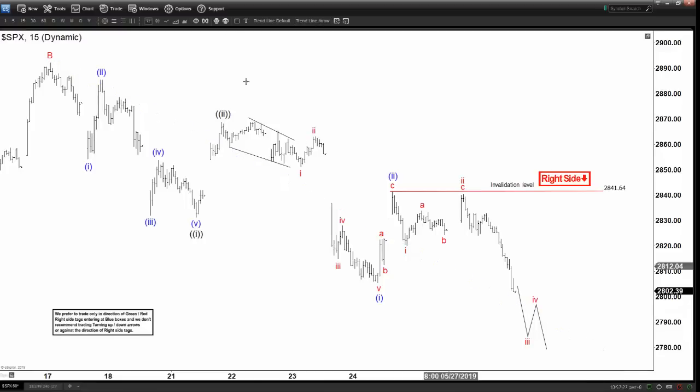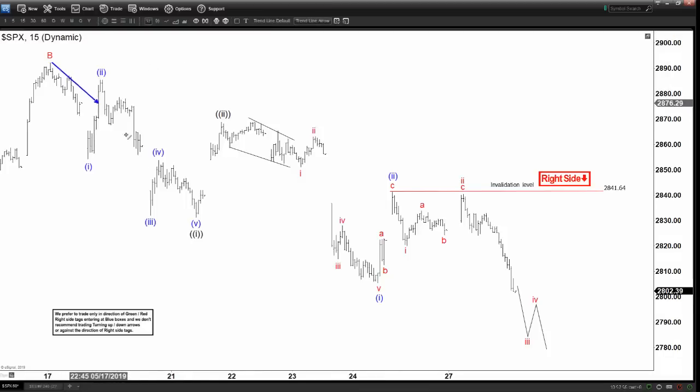It is a wave C, and you can see the wave C should subdivide into 5 waves, right? If you see a B and a C, that can be either a zigzag or a flat, right? Typically when you say A, B, C, that is usually a zigzag, and right here, regardless whether it's a zigzag or a flat, actually the C leg has to be 5 waves anyway, so it doesn't really matter.